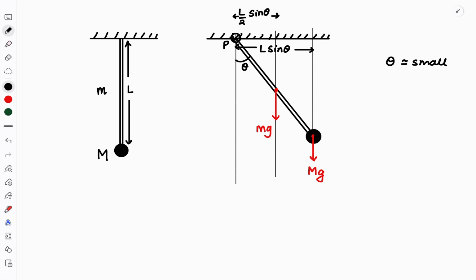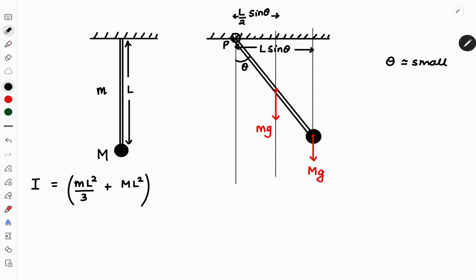So for writing the torque equation, I will need one more aspect, that is moment of inertia. So for moment of inertia of this system, we are saying that for the rod suspended at one end, moment of inertia is mL square by 3, and for a mass M at a distance L, it is ML square. So this is the value of moment of inertia of this particular system.